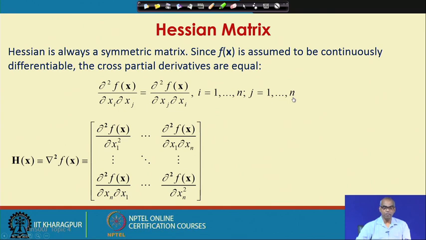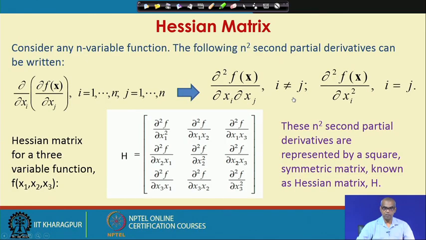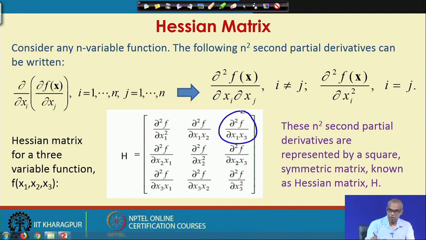So, del square f del xi del xj is the same as del square f del xj del xi, i goes from 1 to n, j goes from 1 to n. In other words, del square f del x1 del x3 is the same as del square f del x3 del x1, because the function is continuously differentiable.